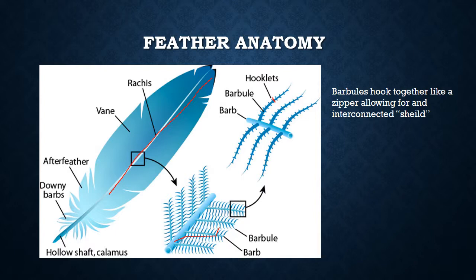And I'm sure as a kid you probably messed with them, you know, they get all torn apart, and then you run your fingers this way to make them all smooth again. That's because those hooklets, when you run your fingers up the shaft, are hooking back together. So when you see a bird stopping to preen itself, usually it's because it's putting those hooklets back together. That's what allows them to be aerodynamic, to allow that wind resistance as they're flying. So that's what happens when birds are preening themselves.